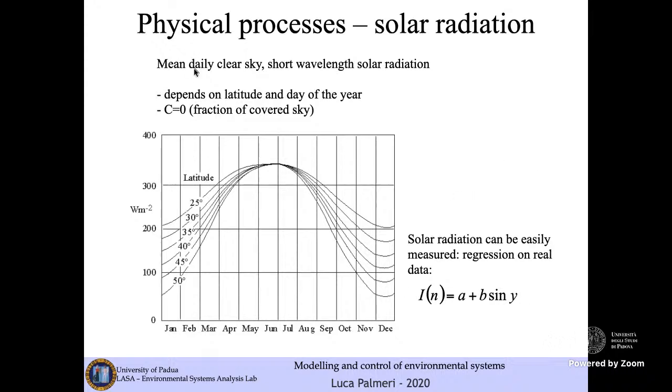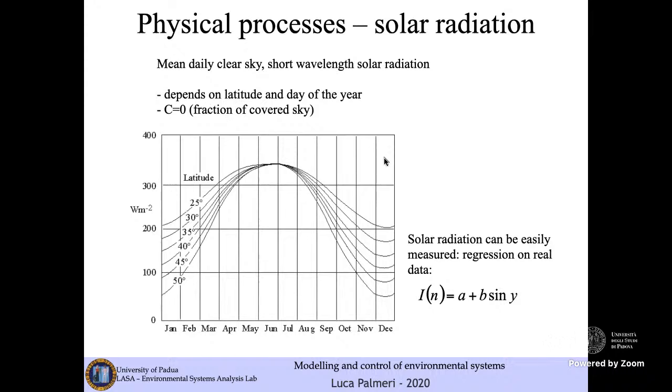Of course, this model depends on latitude and day of the year, but also dramatically on the fraction of covered sky. Covered by what? Covered by clouds. Because, of course, the clouds can limit the quantity of solar radiation that arrives onto the surface.